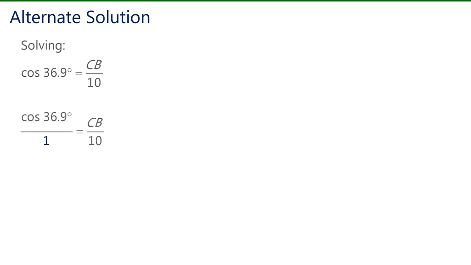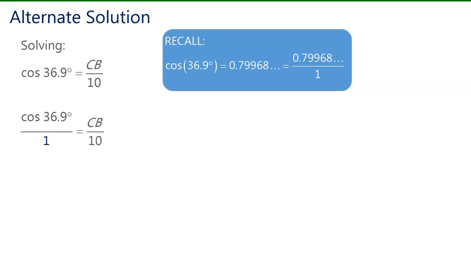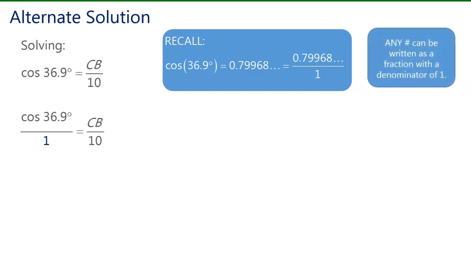Here's an alternate solution. We could solve cosine 36.9 degrees equals CB over 10 and write cosine 36.9 degrees over 1 equals CB over 10. Because we know that cosine 36.9 degrees can be written as 0.79968 continuing over 1, simply because any number can be written as a fraction with a denominator of 1.